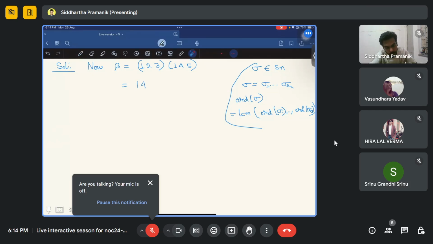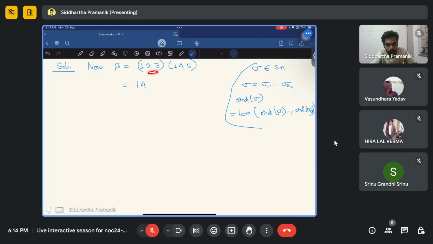Now on the right 4 goes to 5, but here 5 is not there, so 5 is fixed. So 4 goes to 5 under the multiplication. Now on the right 5 goes to 1 and on the left 1 goes to 2, so 5 must go to 2.